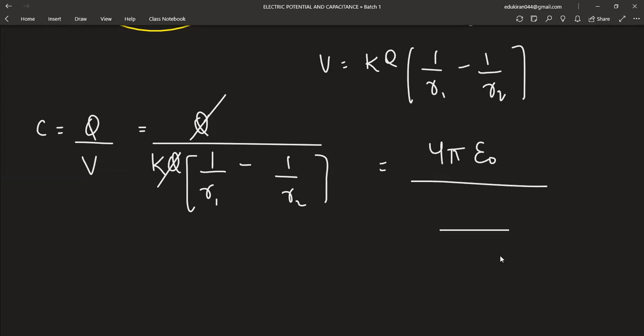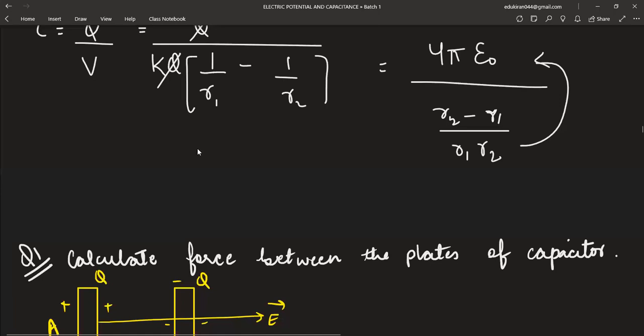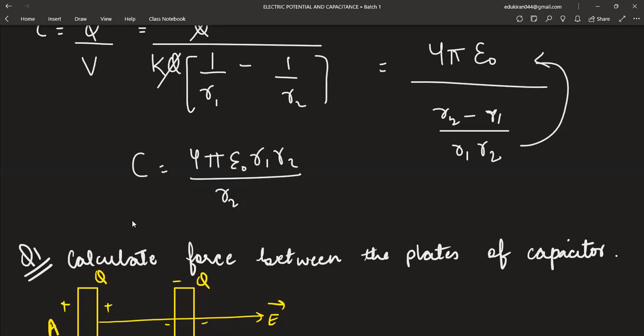This becomes R1 into R2 and R2 minus R1. So this denominator part will go up, and the formula that we'll have would be 4 pi epsilon naught R1 into R2 divided by R2 minus R1.